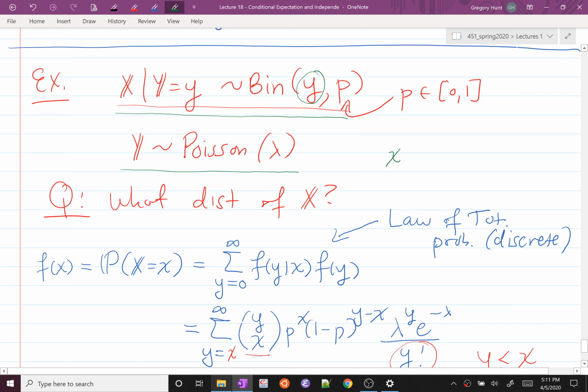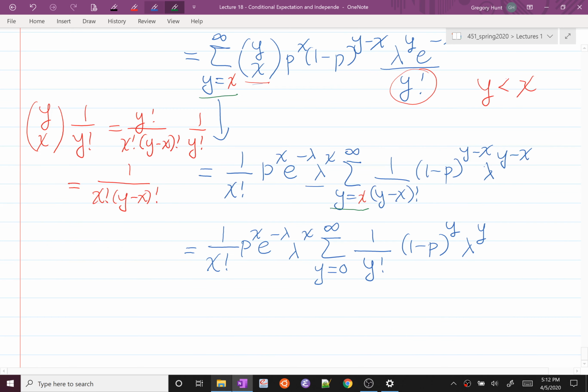Or equivalently, y has to be bigger than or equal to x. If not, we get a problem, because then we'd have more successes than we have trials. So our sum here, the support, is y bigger than or equal to x. Now when we re-index, we can change it from a sum starting at x to just a sum starting at 0. Okay, and so now these are equivalent.